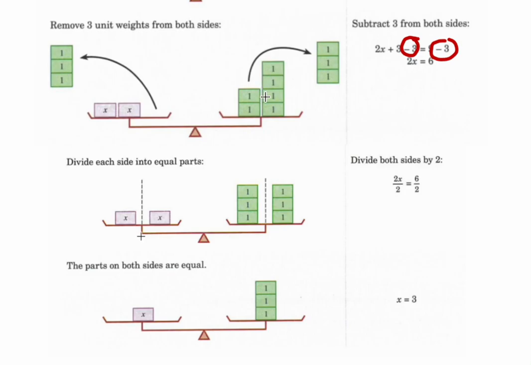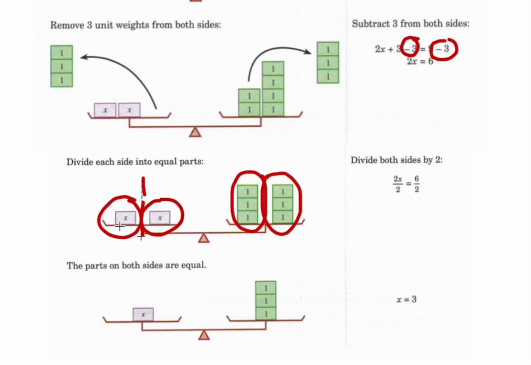I want to figure out how much one x block is equal to. So we're going to divide it into 2 groups of x's, and then we're going to also divide these 6 leftover blocks into 2 groups as well. So that now we know 1x box is the same weight as 3 of these green boxes.